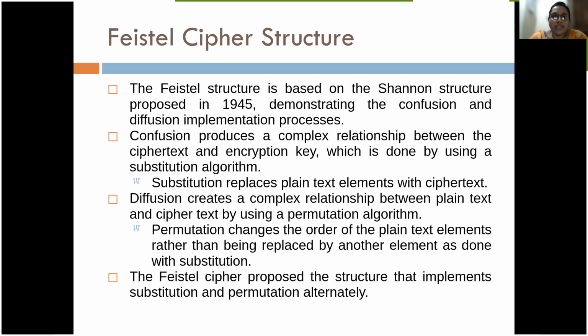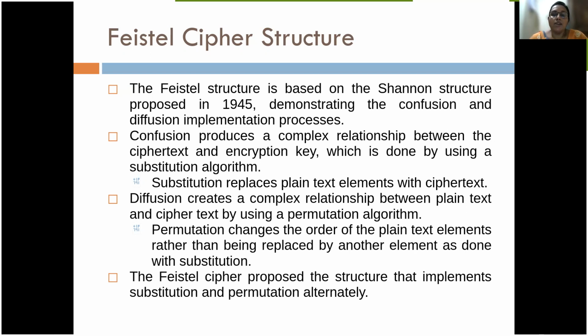A researcher called Shannon proposed in 1945 a model in which, instead of using, as we saw earlier, transposition algorithms where basically diffusion is used, and stream algorithms where confusion is used, just confusion or diffusion, why not use both? That was the proposal.